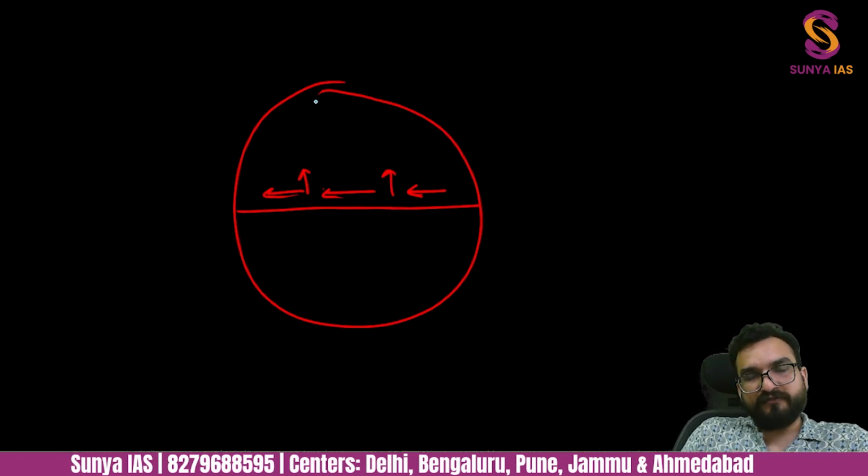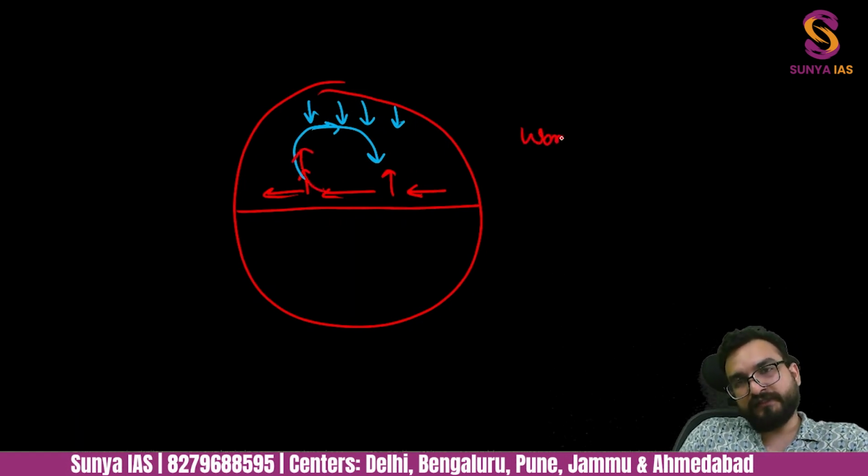And the polar regions will have cold currents, so they will be flowing from north to south, coming towards the equator. Like this, you will see this coming down, and these warm currents going up. So warm currents and cold currents you have to know.